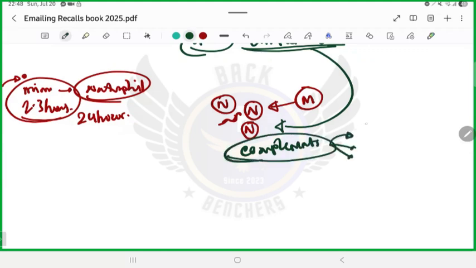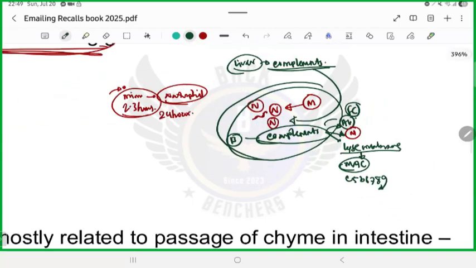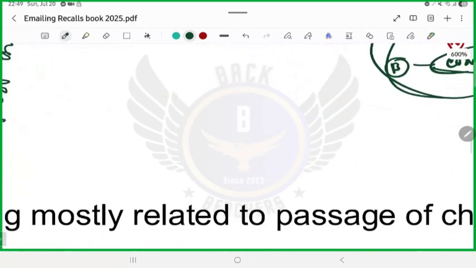Complement binds to the bacteria or pathogen on one hand, and binds the Fc portion of the antibody on the other hand, and kills with antibody, or kills with macrophage, or lyses the membrane of that bacteria with the membrane attack complex, C5b678 9.